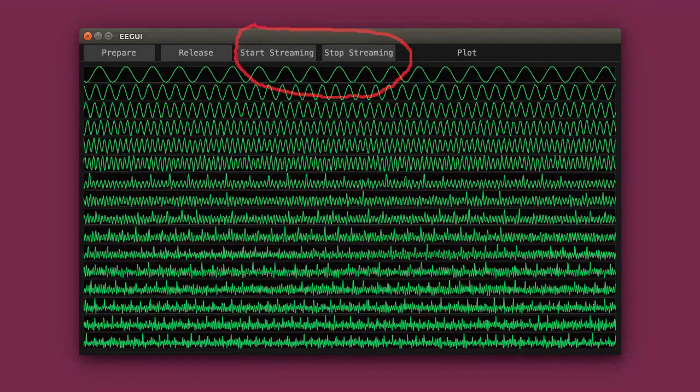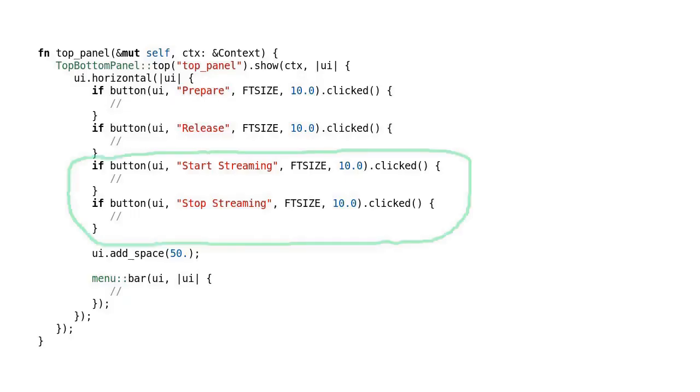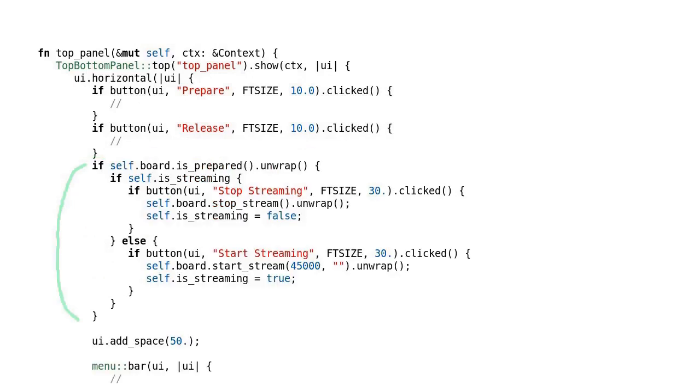Next, we can enhance the code by consolidating the 2 buttons into one. We can replace the existing code with logic that toggles between start streaming and stop streaming based on the current state. Let's test the updated application by running it.